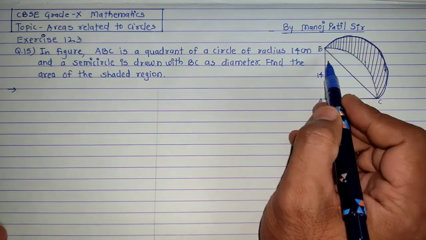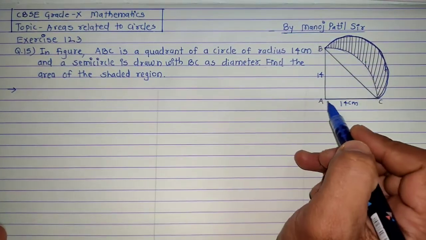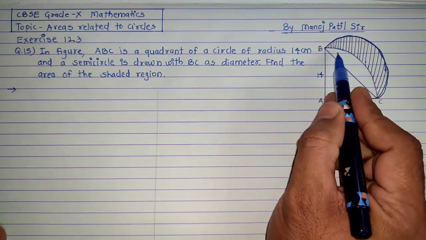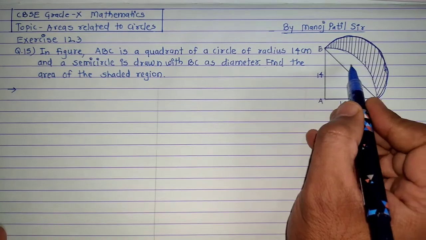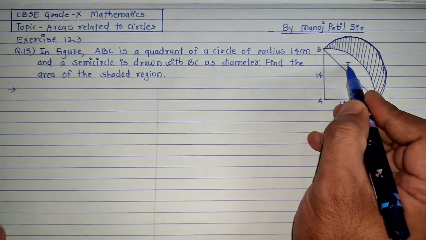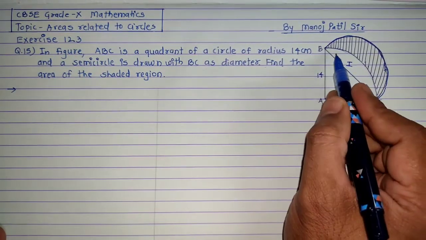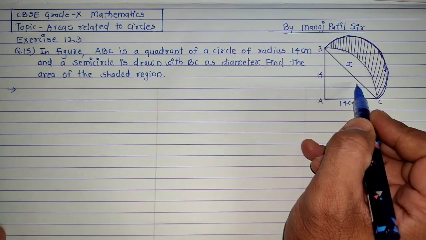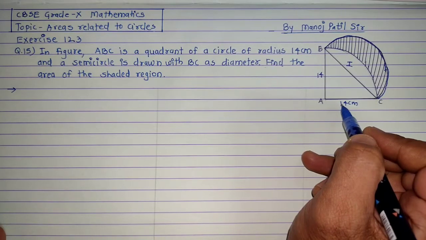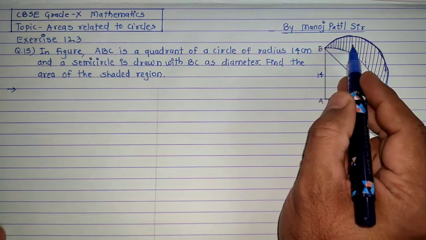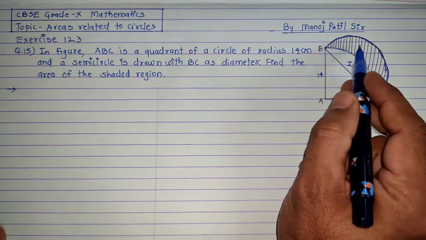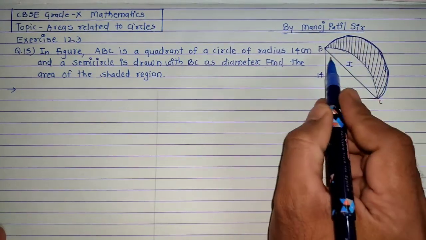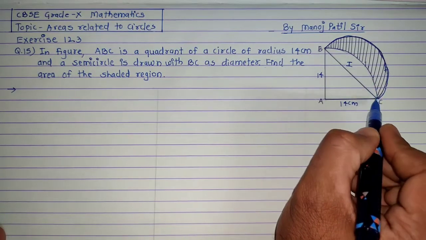Now you can see here the quadrant is given, that is ABC. This is a quadrant. Now this part, we can say region 1, is nothing but the segment of a circle with a radius of 14 centimeter. So how can we find the shaded region? Area of shaded region is equal to area of this semicircle minus area of this segment.